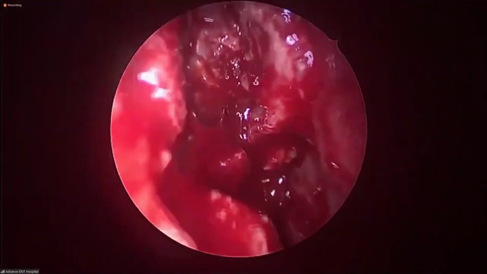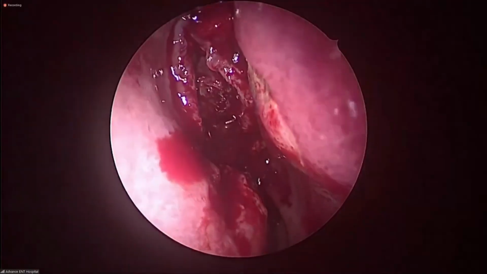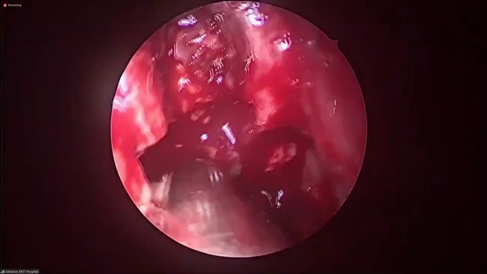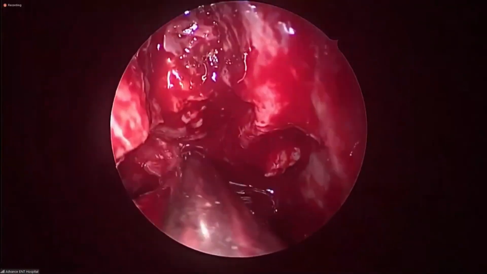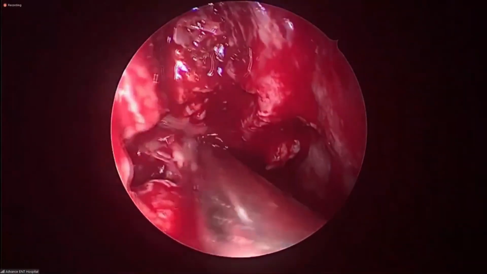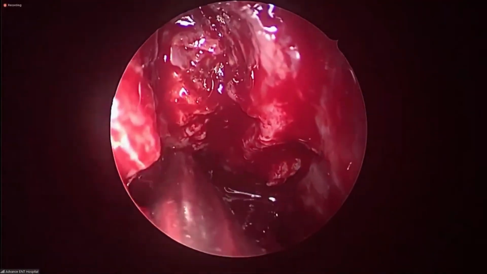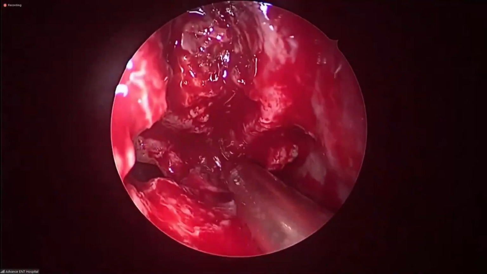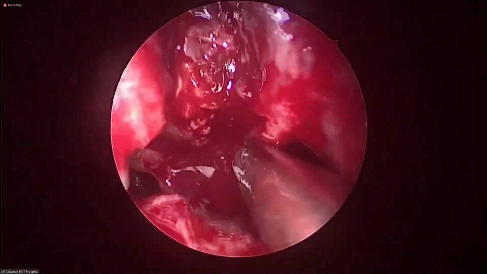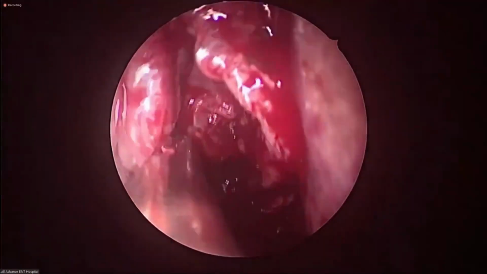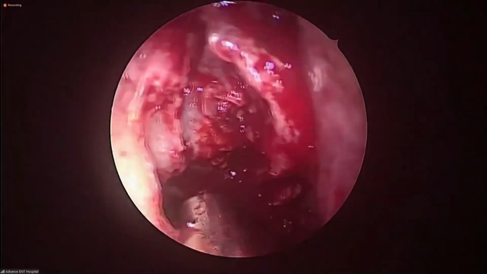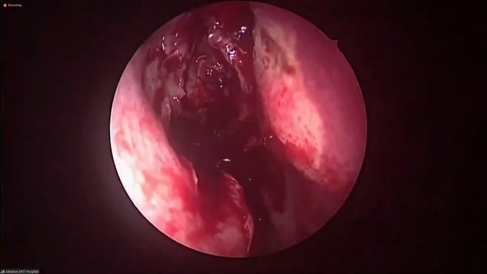So this is the lower part of the uncinate. Lower horizontal part of the uncinate. Mucosal edema is there, sir. This is the upper part of the uncinate. Yes, sir. The vertical part.